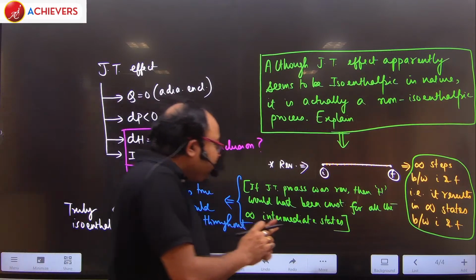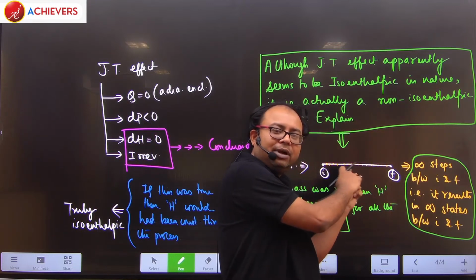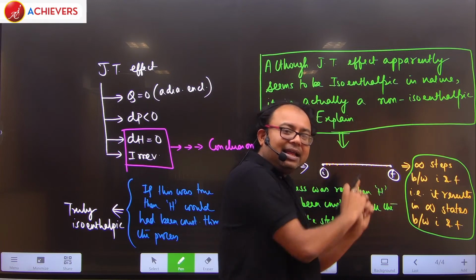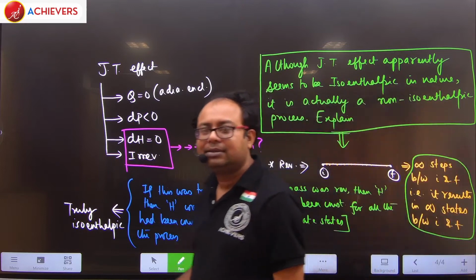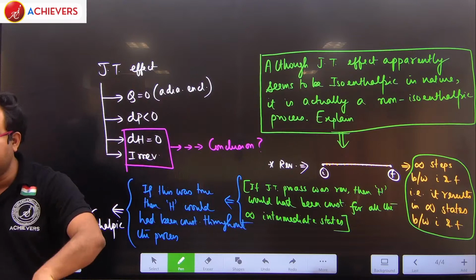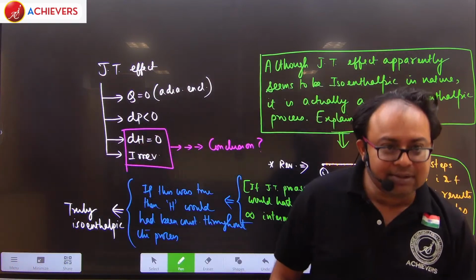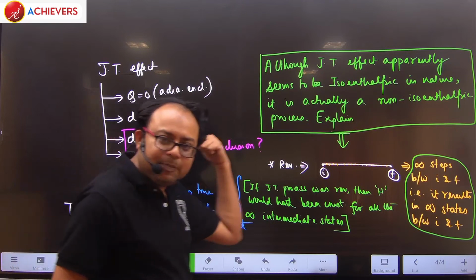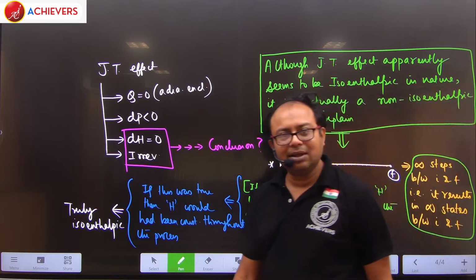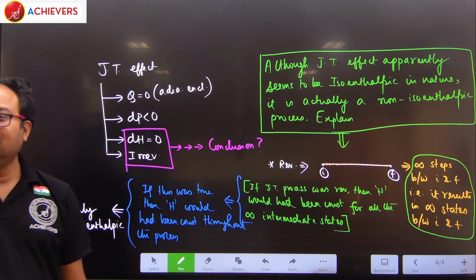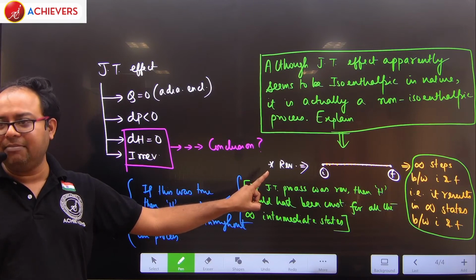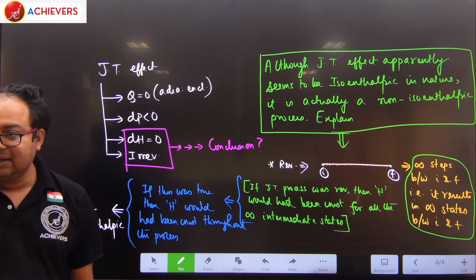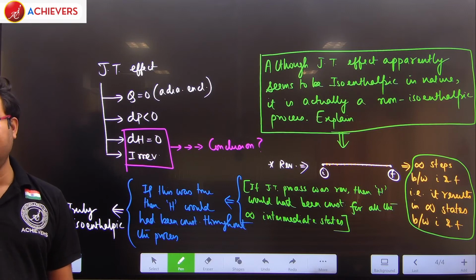And as the process is irreversible, you cannot figure out this infinite number of steps or states in between I and F, and thereby you cannot say that H has been maintained constant in all those states. So although the initial and final enthalpies are the same, the enthalpy in between I and F cannot be predicted, and thereby the process is not truly isenthalpic.